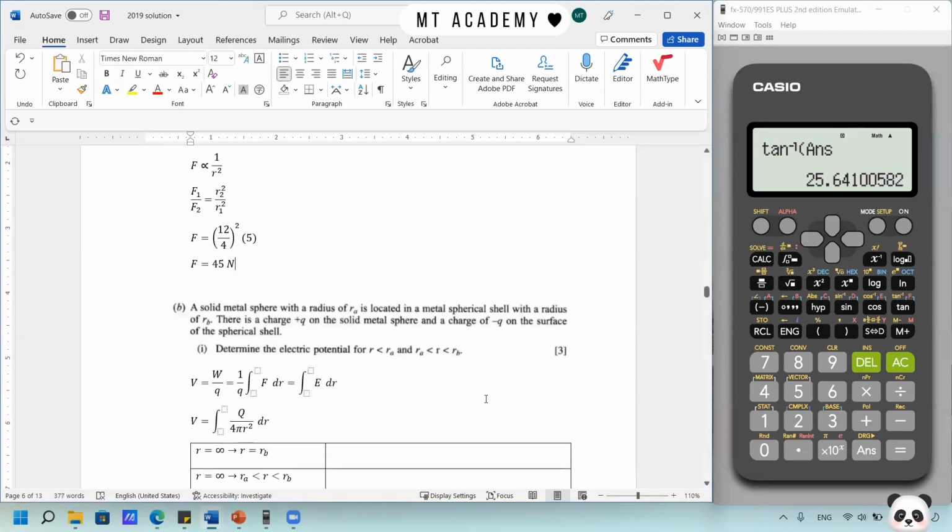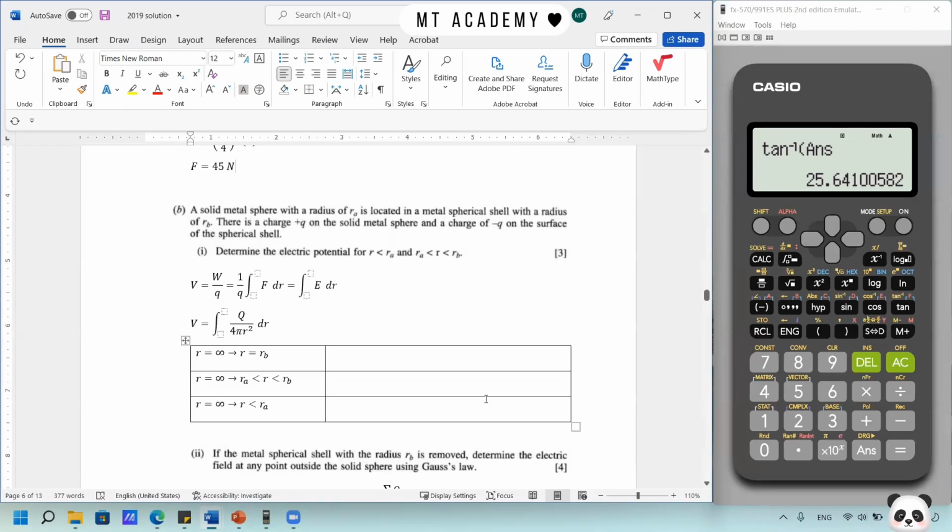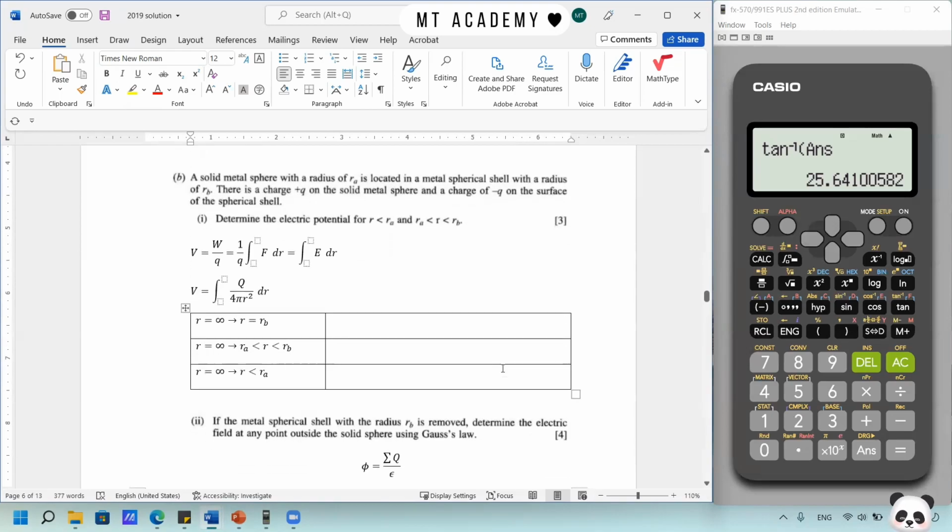So we proceed. B, a solid metal sphere with a radius of RA is located in a metal spherical shell with a radius of RB. Solid metal sphere with a spherical shell, so something looks like this. We have the positive charge Q on the solid metal and negative charge on the surface of the spherical shell.